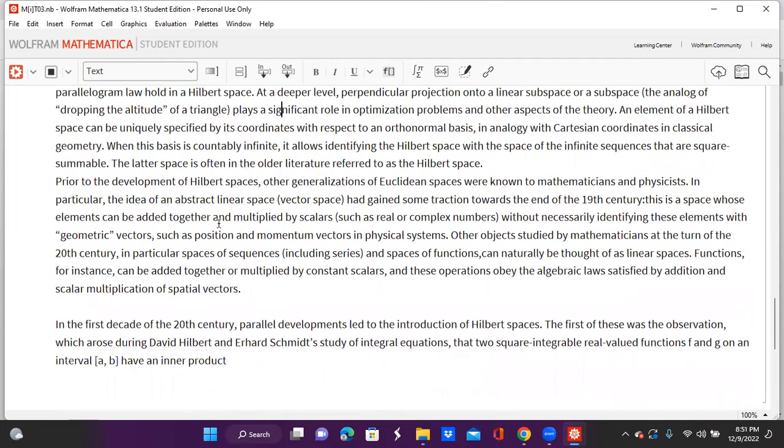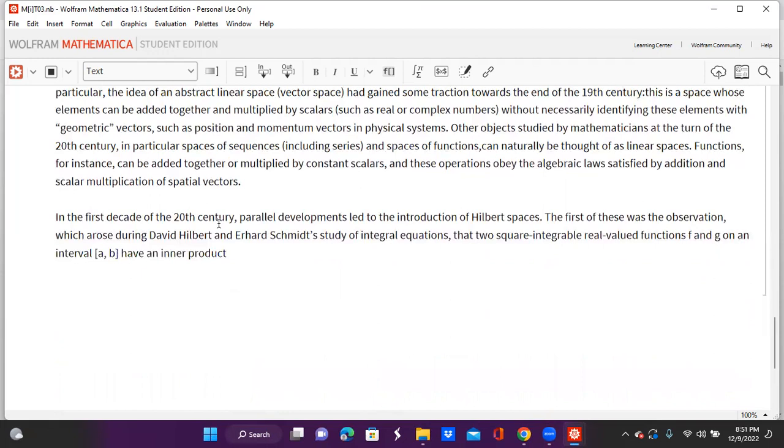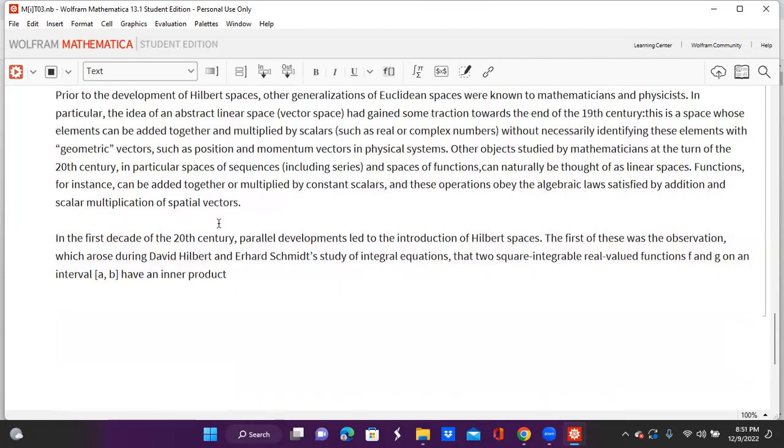Prior to the development of Hilbert spaces, other generalizations of Euclidean spaces were known to mathematicians and physicists. The idea of an abstract linear space, or vector space, had gained some traction towards the end of the 19th century. This is a space whose elements can be added together and multiplied by scalars, such as real or complex numbers, without necessarily identifying these elements with geometric vectors, such as position and momentum vectors in physical systems.